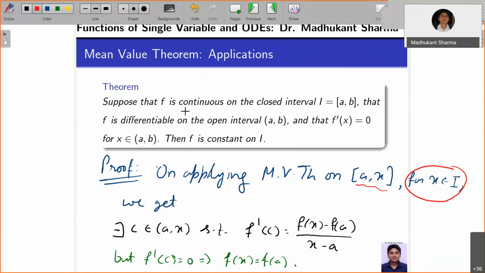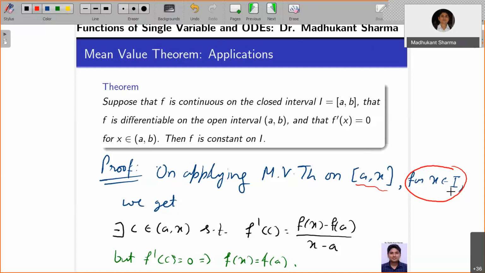Then since f is continuous on the closed interval I throughout the interval [a, b], it is also continuous on the interval [a, x]. Further, f is differentiable on the open interval (a, b), so it is also differentiable on the open interval (a, x). Since x is a point of I, it will never cross b.